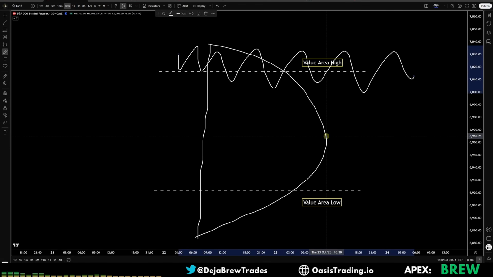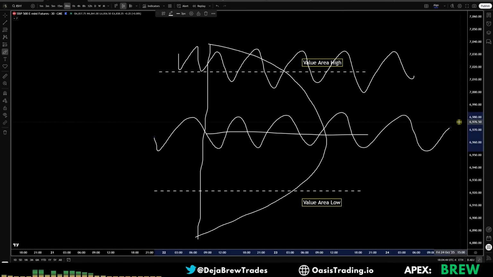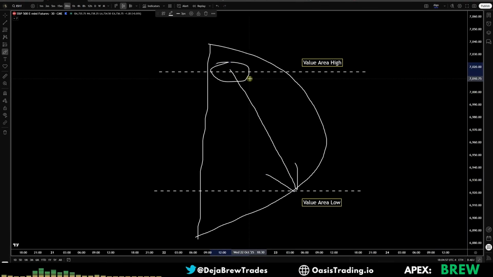Where do we want to take profit? Like I just said, we want to take profit around that POC, and typically VWAP is going to be somewhere around the middle. And then we could also look for a full rotation. A rotation is a price movement from one side of the value area to the other, remember, right? So we have that movement from the value high back to the value low.